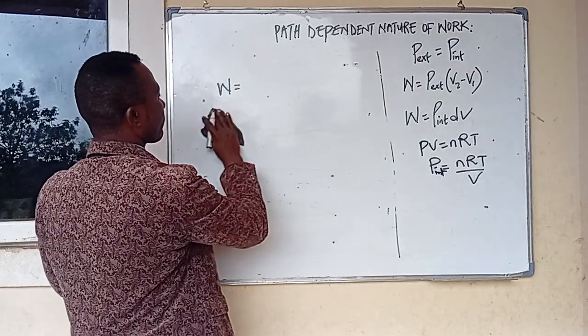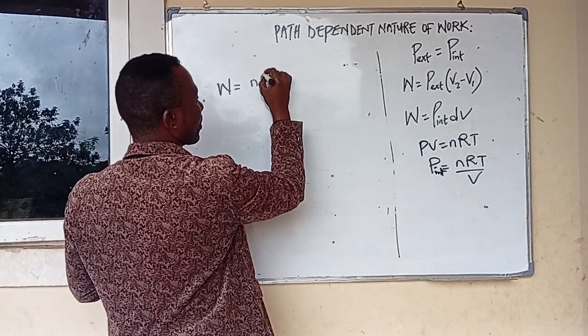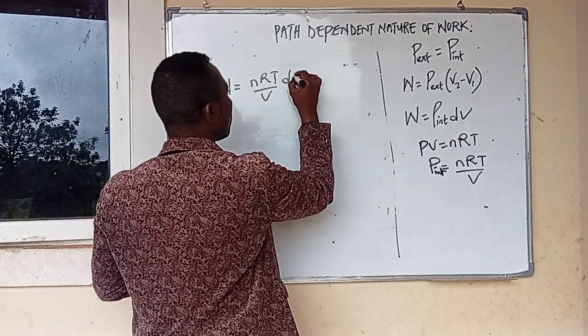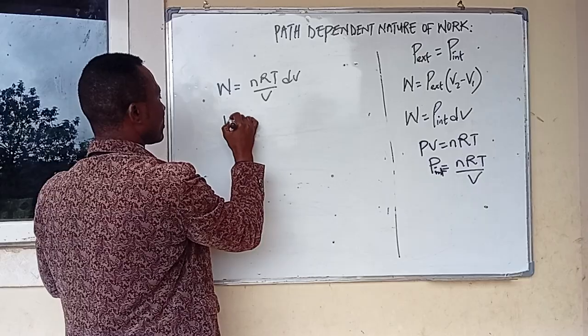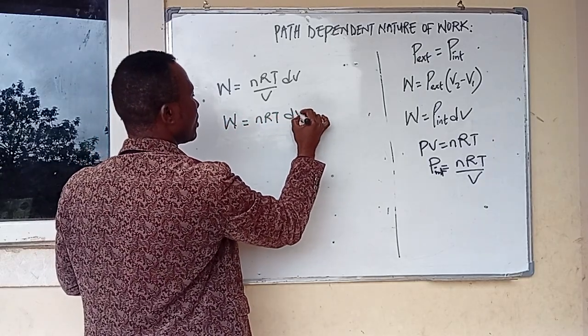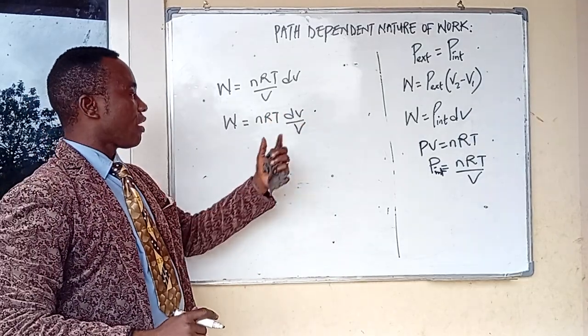So we'll be having P interior, which is nRT over V, then multiplied by the change in volume, dV. So this will become nRT dV over V, that is change in volume over volume.